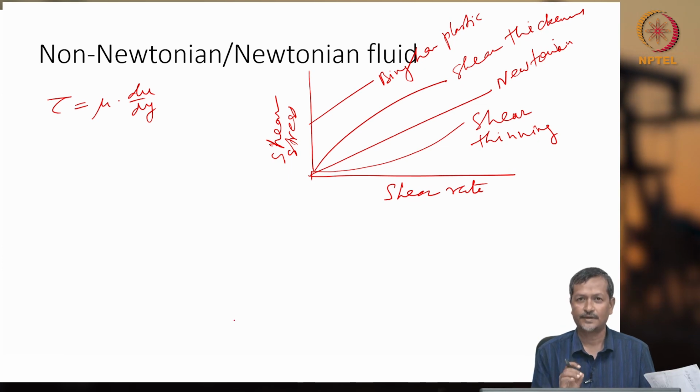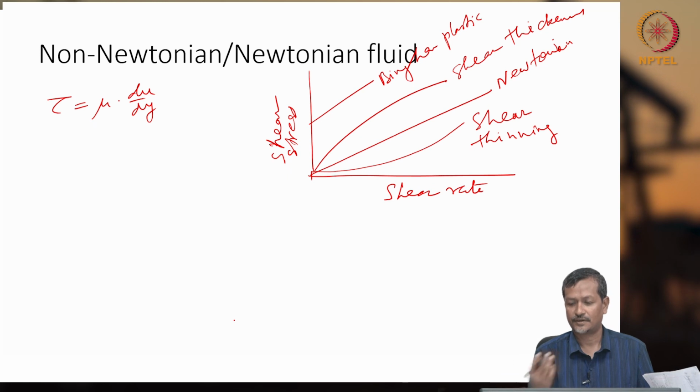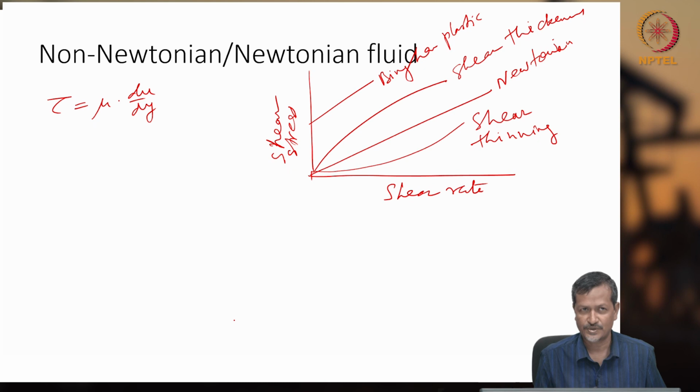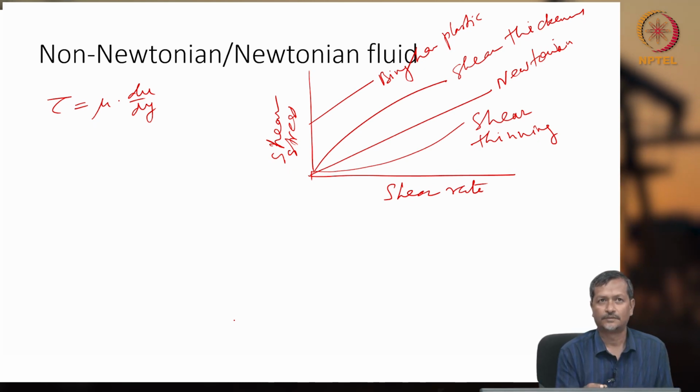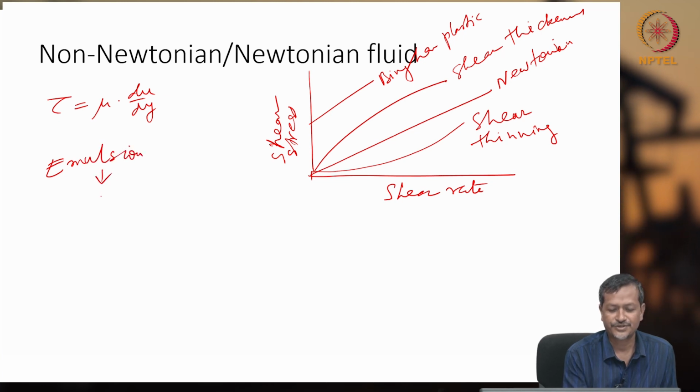As you increase water cut, the fluid will convert from Newtonian to shear thinning fluid. So with pressure, its shear stress will change. So the emulsion will have shear thinning properties.